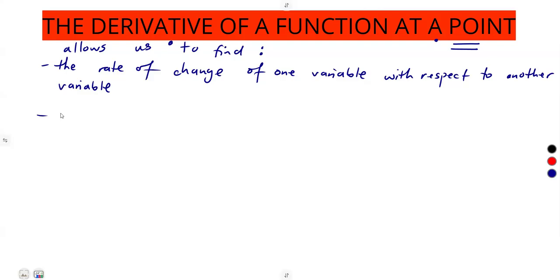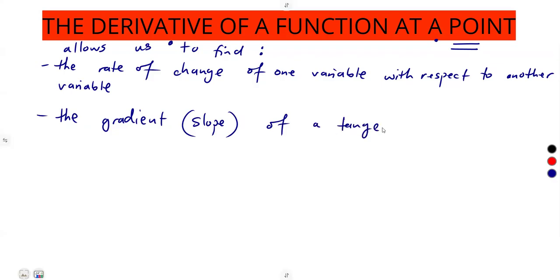And also, it is going to help us to find the gradient, which is simply the slope. The gradient of a tangent, a tangent to a curve, the tangent to a function, in our case a non-linear function.